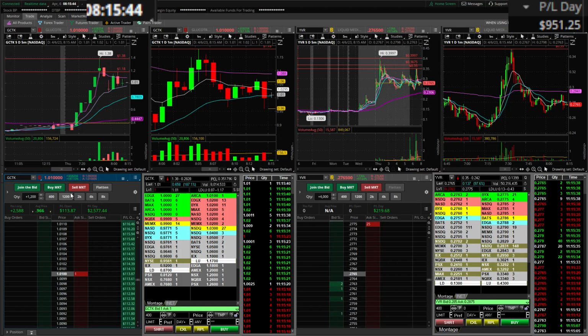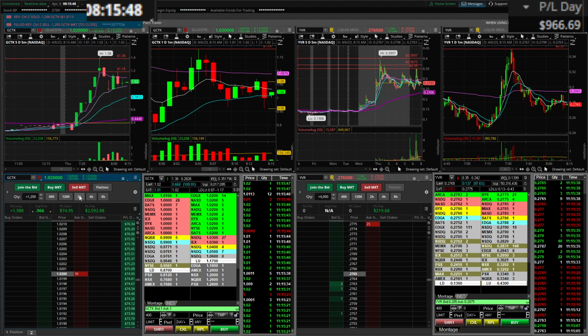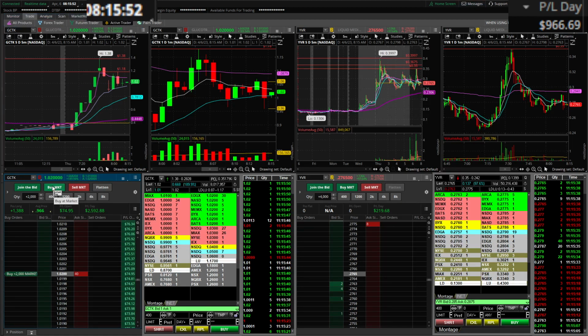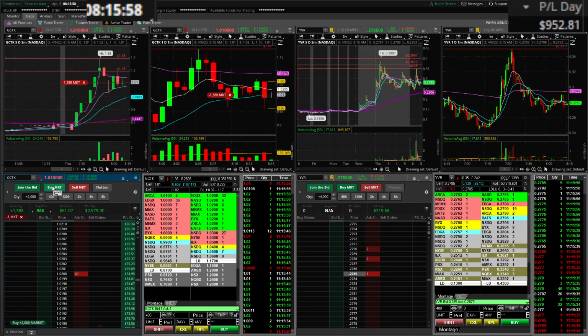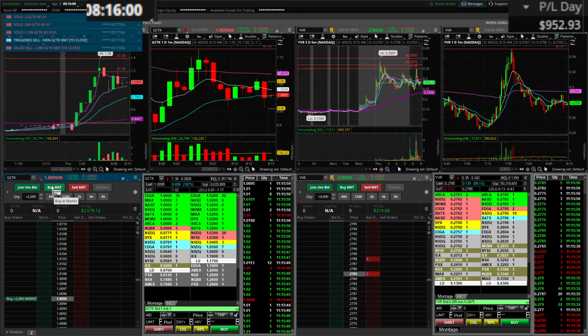This candle has light volume. Taking off some at 101. Taking off the rest at 101.